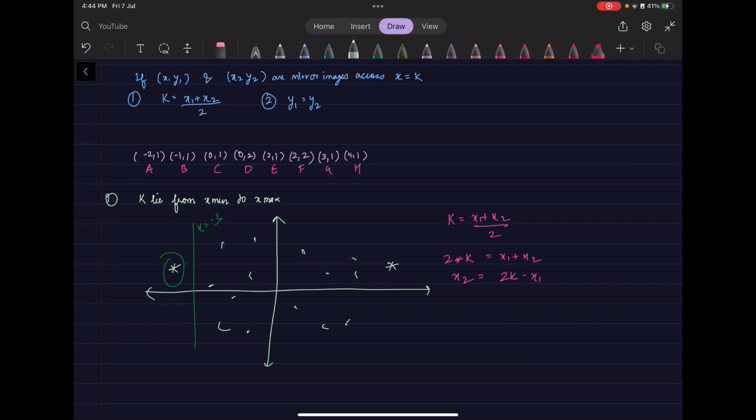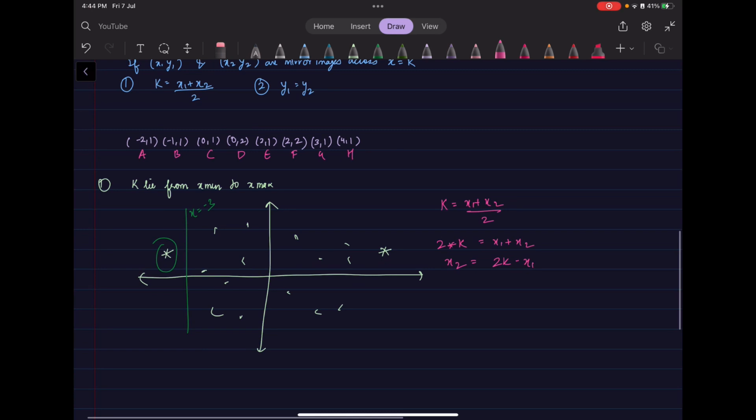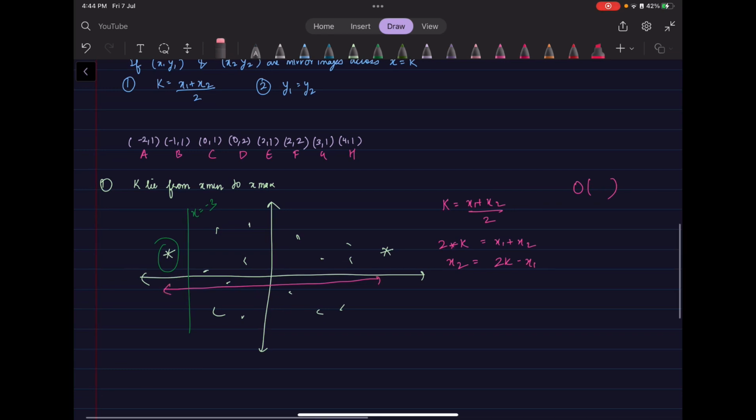But if we discuss the complexity of it, it would be some O(n squared), because for m possible values of k, or this m into n, where m is basically max x minus min x, into n.